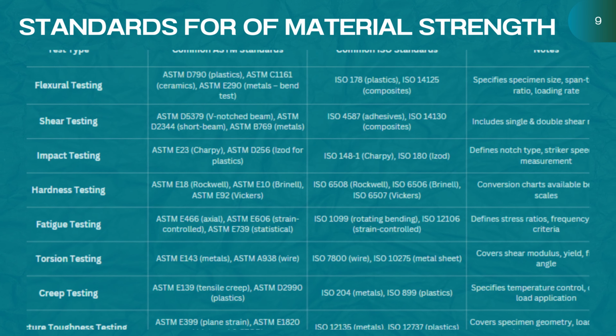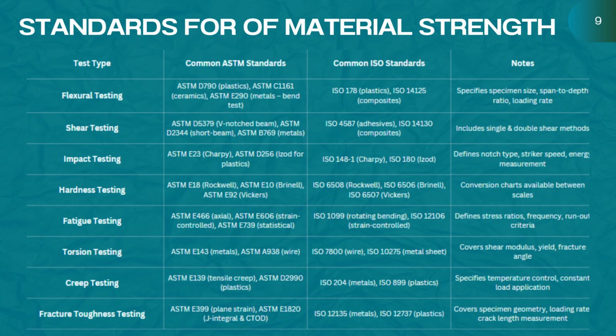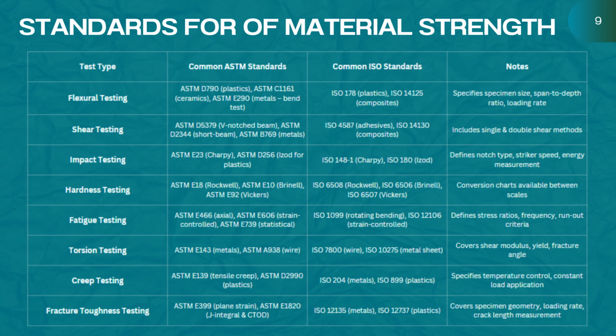As you can see in this table, these are the key ASTM and ISO standards that need to be followed for different material strength tests. For instance, flexural testing follows ASTM D790 and ISO 178 for specimen size and loading rate.